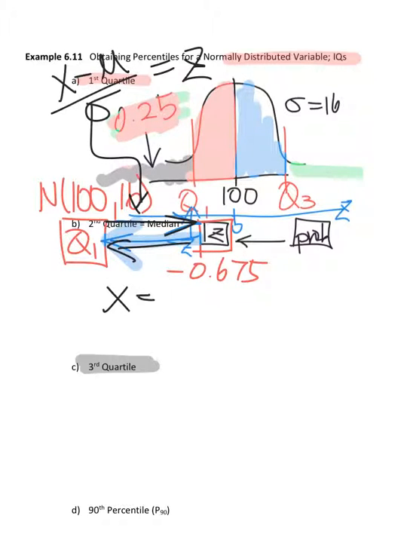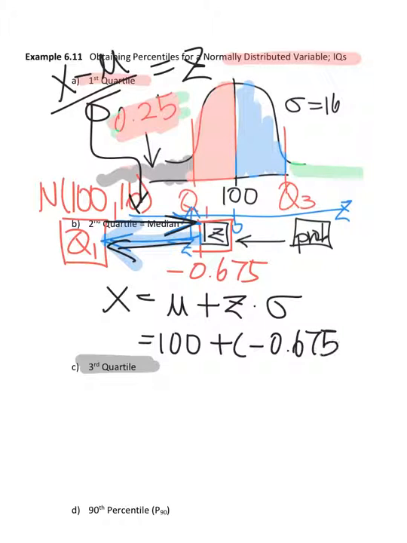It will be: take the mean, add the z-score we found times the sigma. So I can plug in 100, add the negative z-score, negative 0.675. And how much was the sigma? 16.